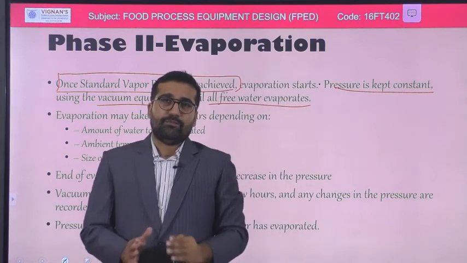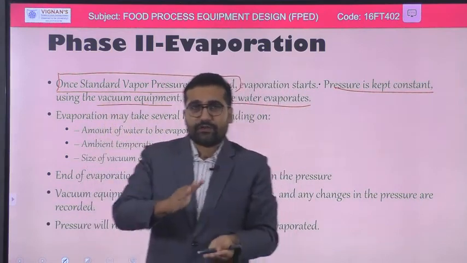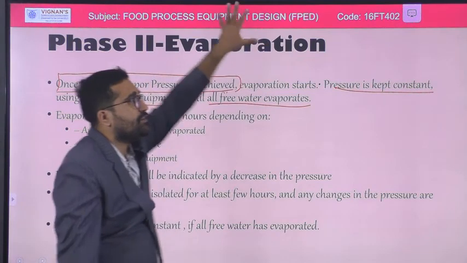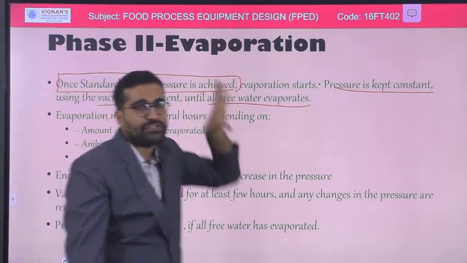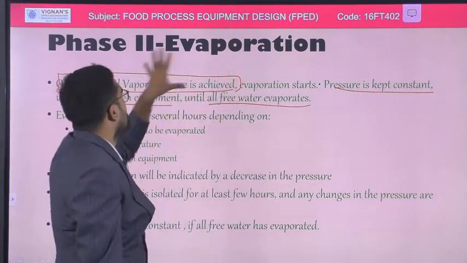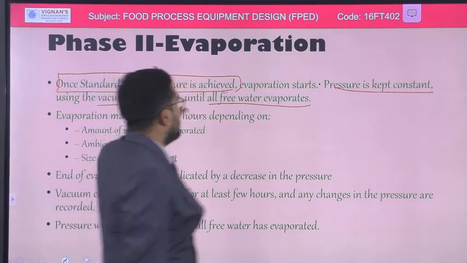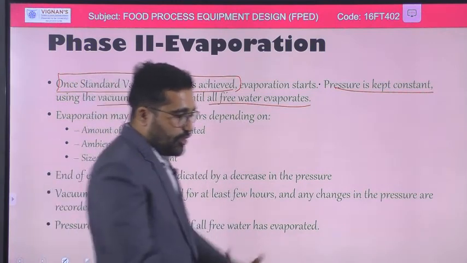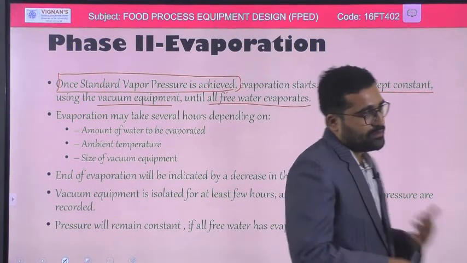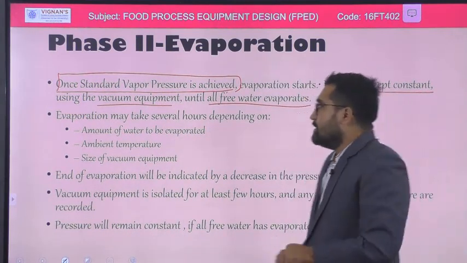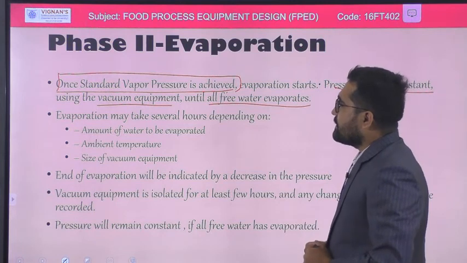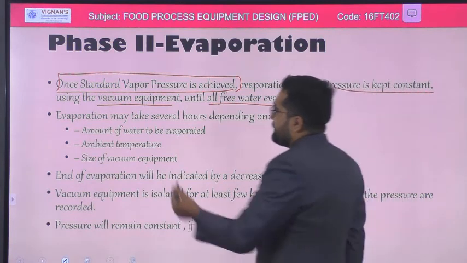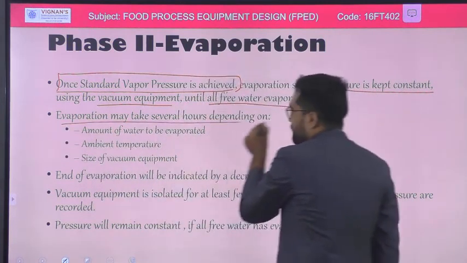Initially we make the vacuum, and then in the evaporation stage we evaporate while keeping the pressure constant with the vacuum equipment, and we evaporate all the moisture from the sample. Evaporation may take place for several hours.